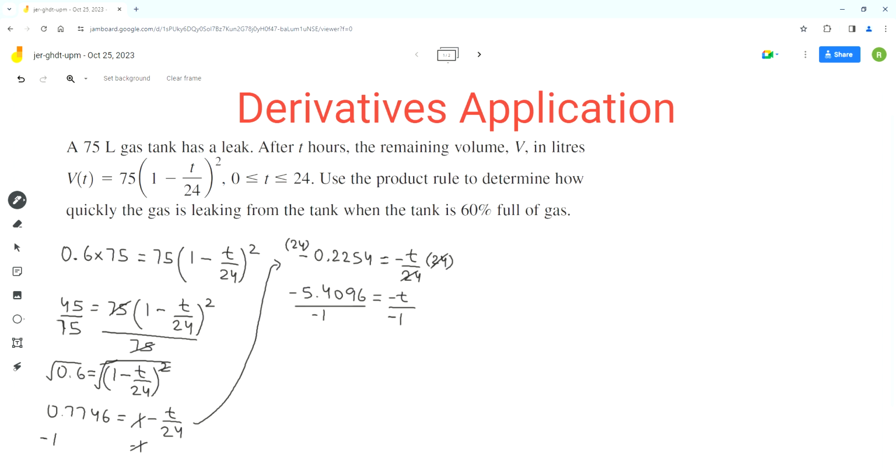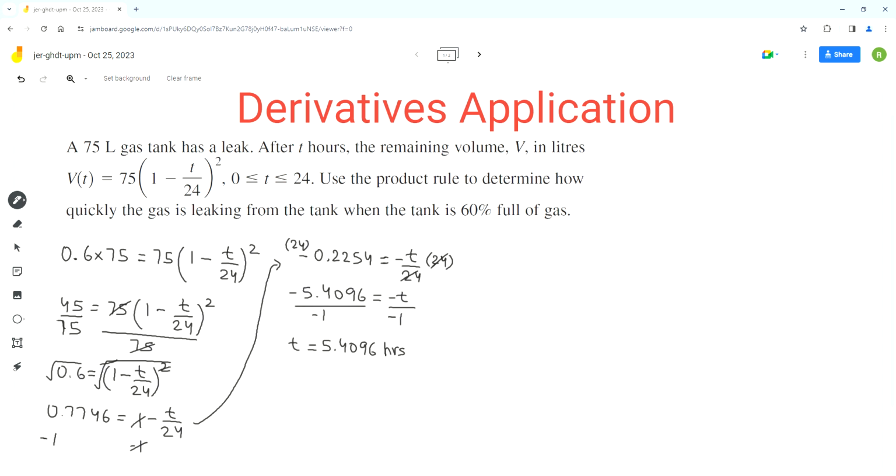So both sides become positive. So we get T equals 5.4096 and the unit is hours. So that means after 5.4096 hours, the volume in the tank becomes 60% of the initial volume, which is 75 liters.